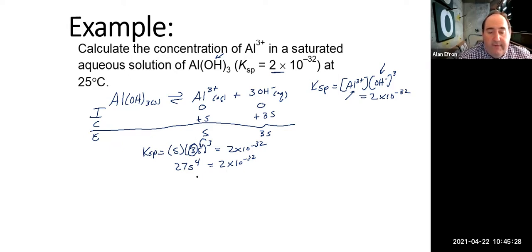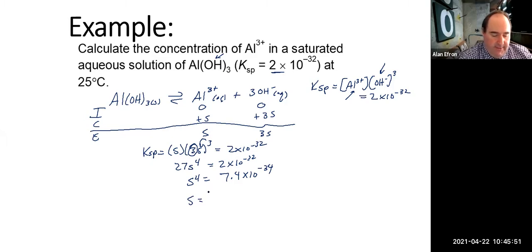Dividing the 27 to the other side, giving us 2 times 10 to the minus 32 divided by 27. That's going to give us 7.4 times 10 to the minus 34. At this point, we want to take the 4th root of that guy.